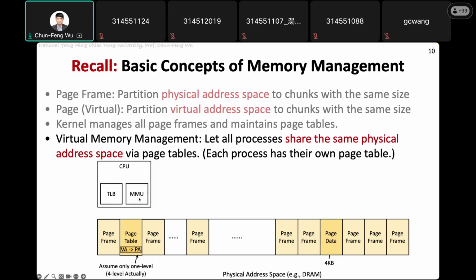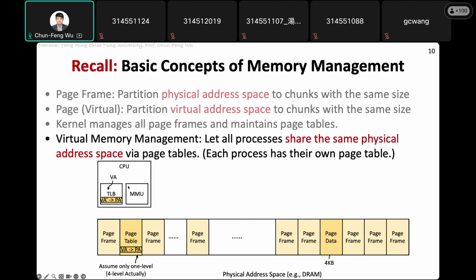After doing the translation, we store the result in the TLB, so the TLB is just like a cache. Next time, if there's another request for the same virtual address, we don't need to do the MMU translation again. We can directly get the physical address from the TLB.